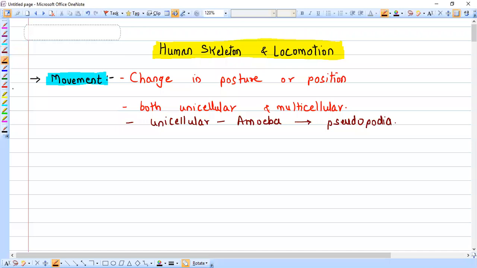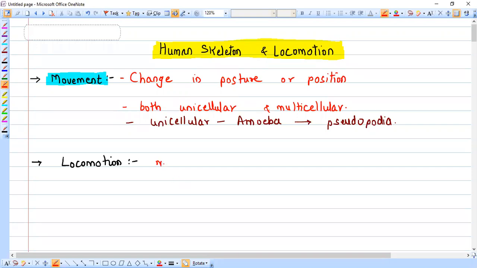The second word that comes to my mind is locomotion. There is a very fine difference between these two words, movement and locomotion. Locomotion is nothing but movement that results in change of place or location.